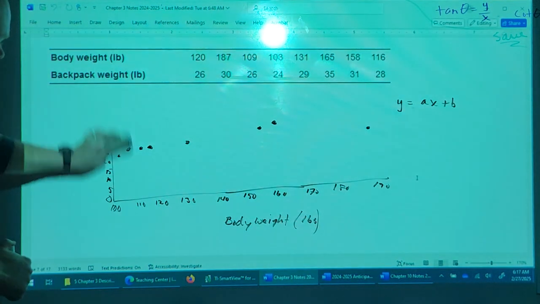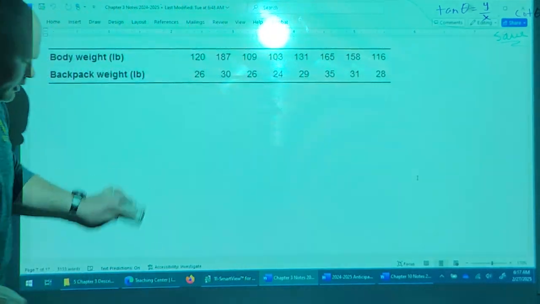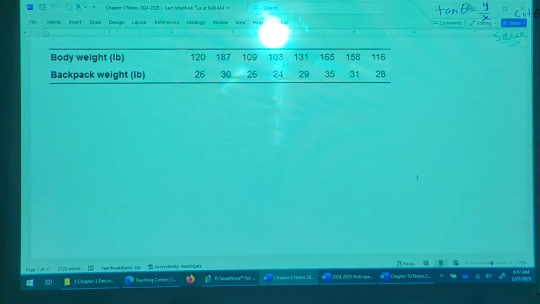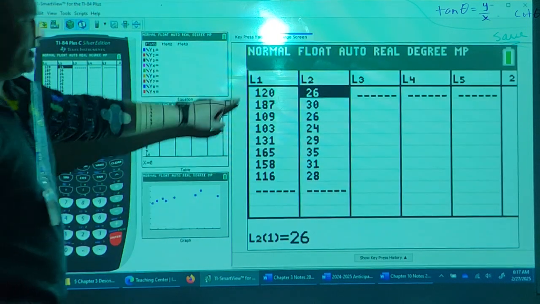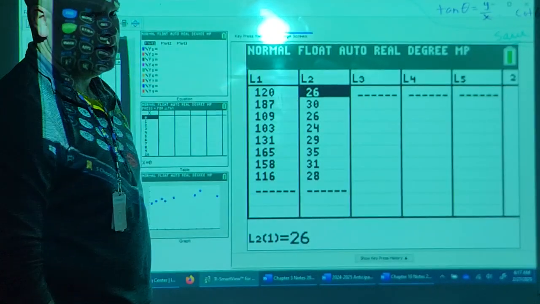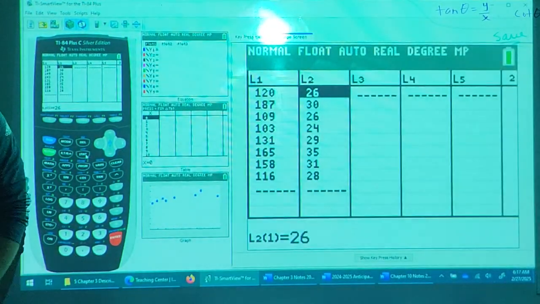I'm going to erase this so you can see the calculator. Go to stat edit and put those x values into L1 and those y values into L2. You might need to pause the video until you're at that point.